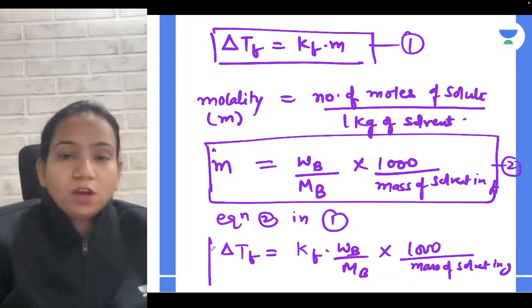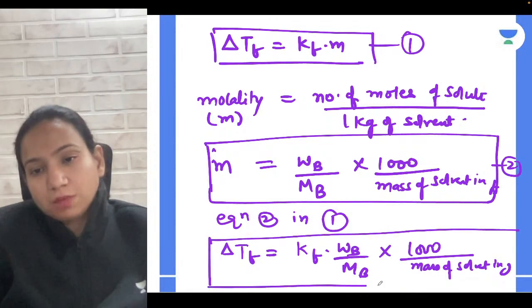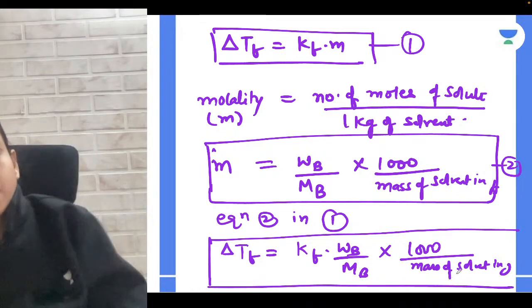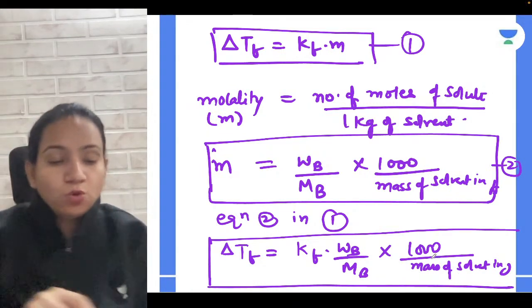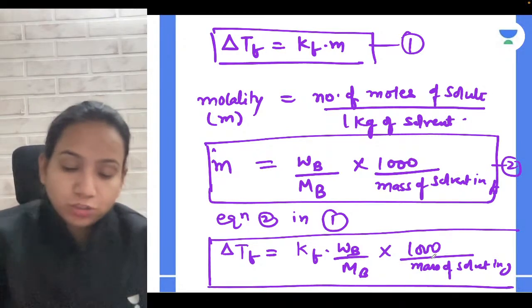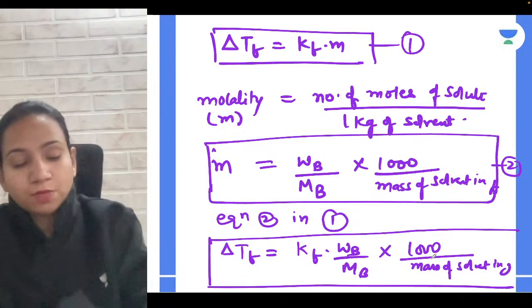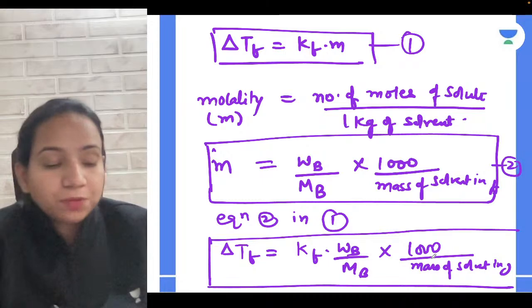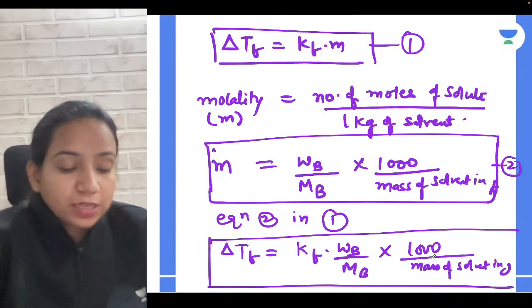So this is the formula for depression in freezing point. I hope everyone is able to relate. It's very simple. So we have learned about two colligative properties today: lowering of vapor pressure and depression in freezing point. Elevation in boiling point and osmotic pressure, their graphs, everything we'll discuss in the next session.